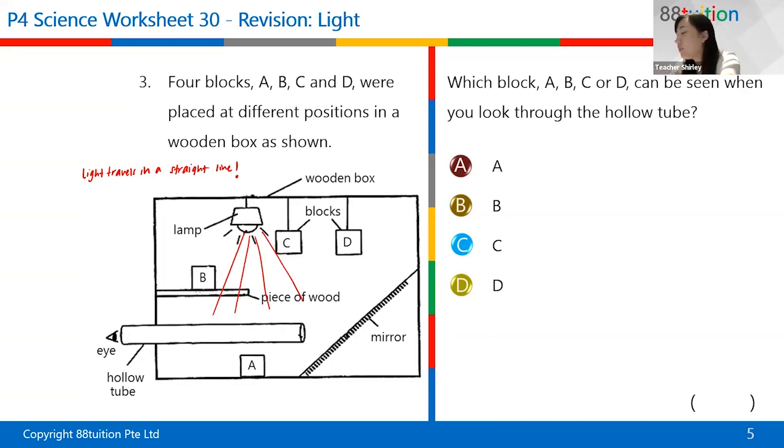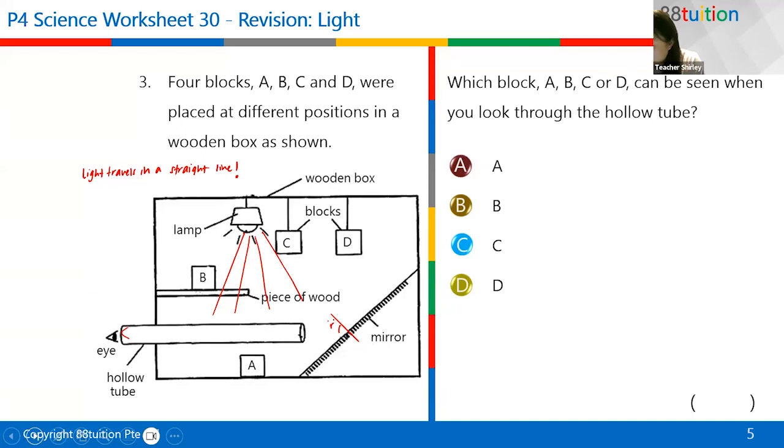But at the same time, because this is a hollow tube, it means that we can only see through the hollow tube. So we are supposed to draw this line, which we actually call the normal. This is called the normal. And it must be the same angle. The angle of incidence, which is this angle over here, must be the same as the angle of reflection.